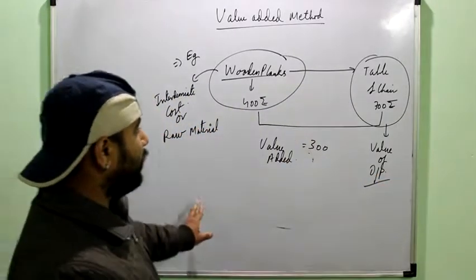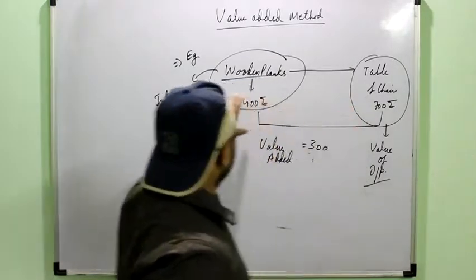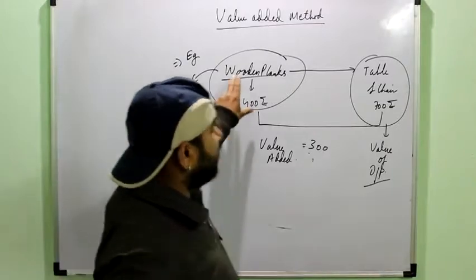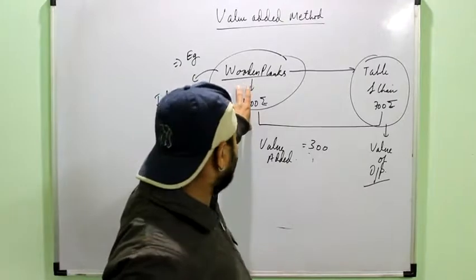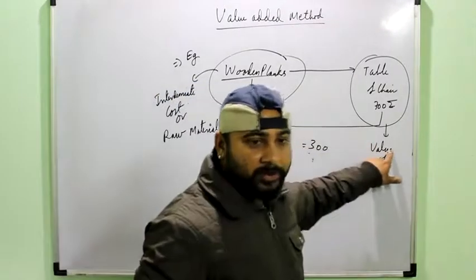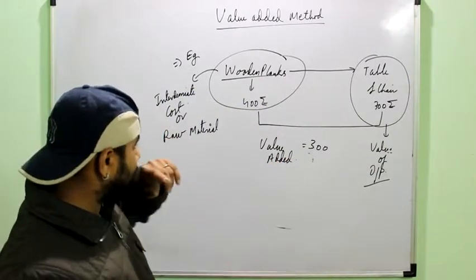Okay, so value of output is the value of the commodity which you have produced. Intermediate cost or intermediate consumption, or the cost of raw material, is the cost of the materials used for producing that particular commodity. And value added is the value of output minus the value of intermediate cost or intermediate consumption.